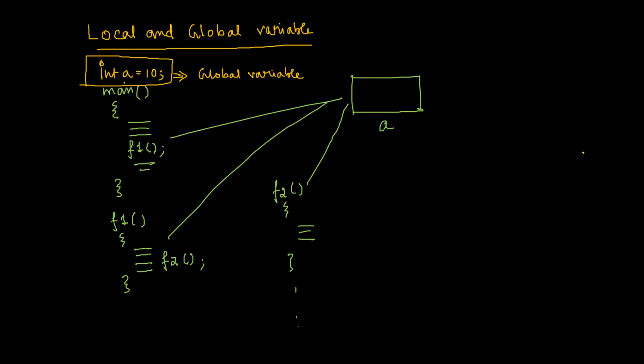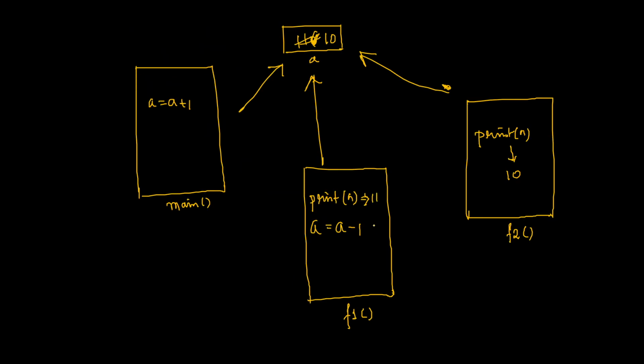And just the opposite thing is local variable. That is, if you declare the variable within some main function or maybe f1 function or f2 function, then that's limited within the function only. For example, if I define say int x equal to 5, that means there will be a separate variable location where 5 will be stored, which is present within the f2 only.